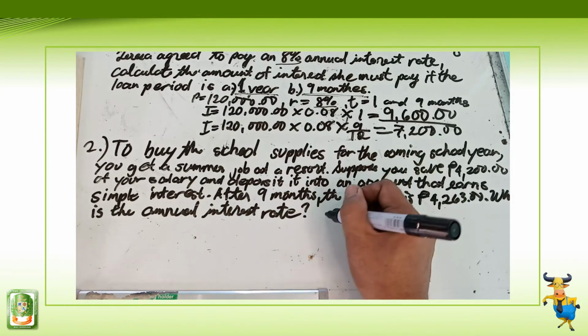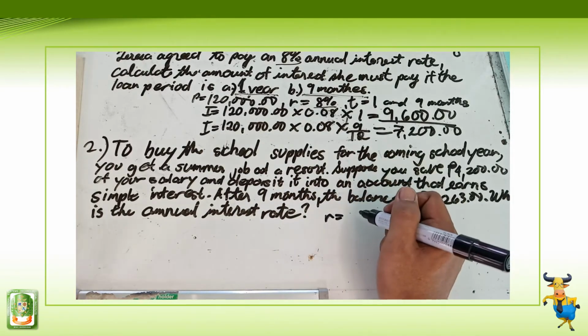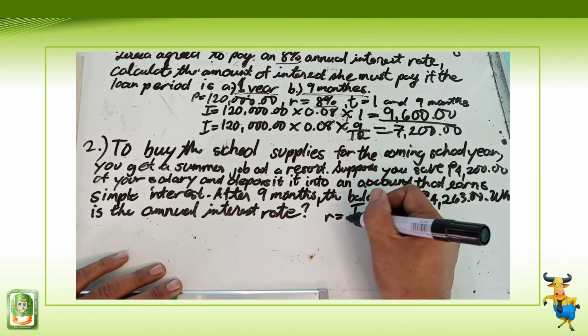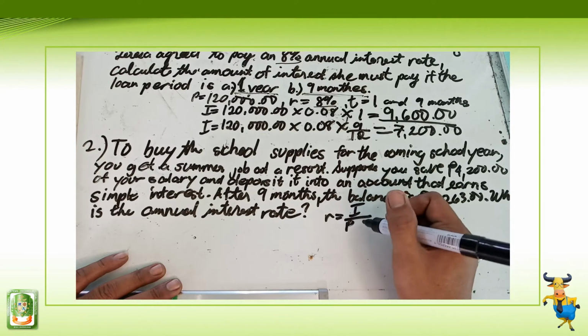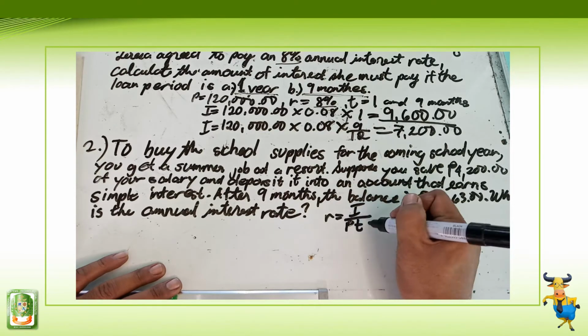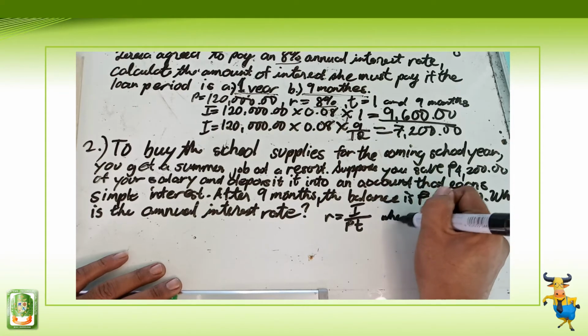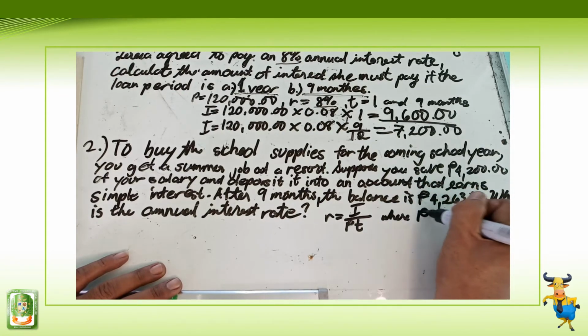So, the rate is equal to the interest over the principal times the time, where P or the principal is equal to 4,200 pesos.